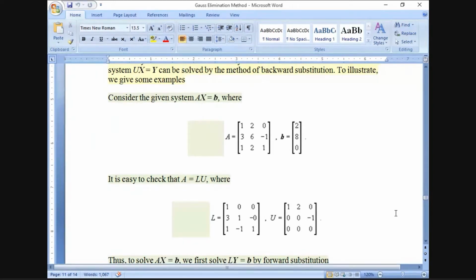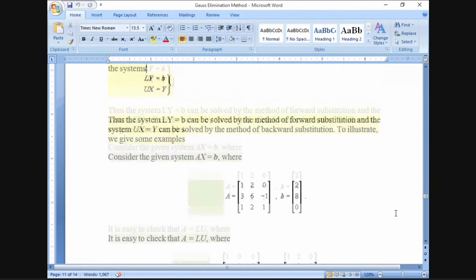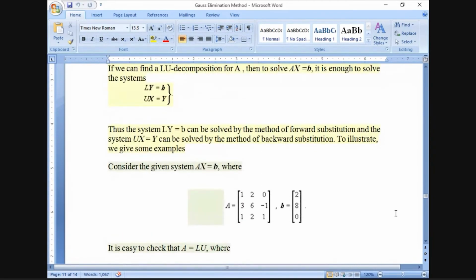After writing this matrix, follow the first step, which is A is equal to L and U. On the left hand side, write down the matrix A, and on the right hand side, write down the matrices L and U.